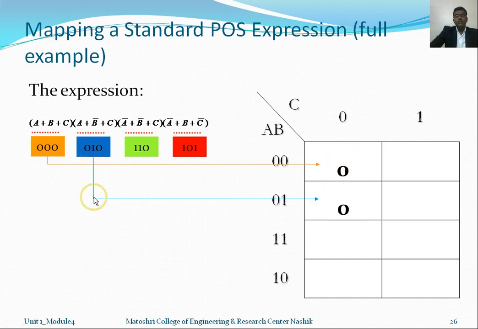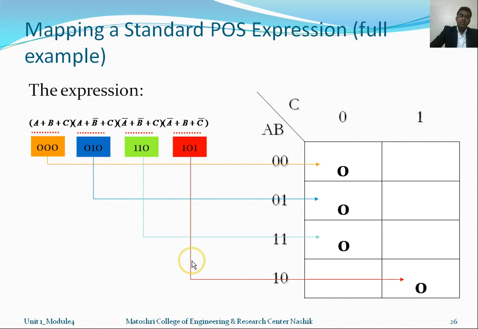So the second sum term we show by 0, the third term we map, the fourth term is again mapped. In this way, for standard POS expressions, we map in the K-map.